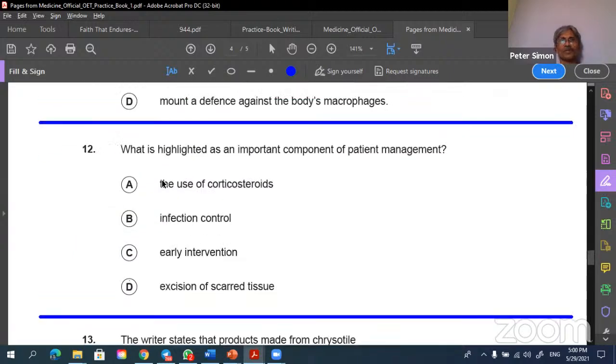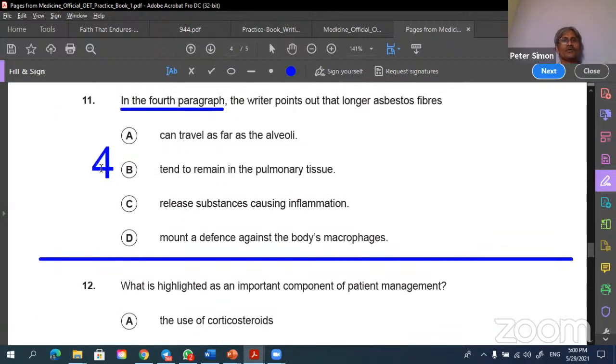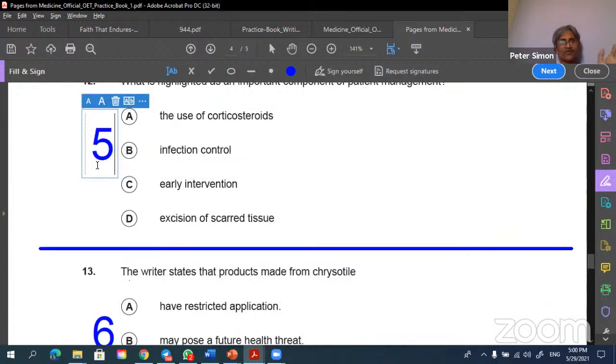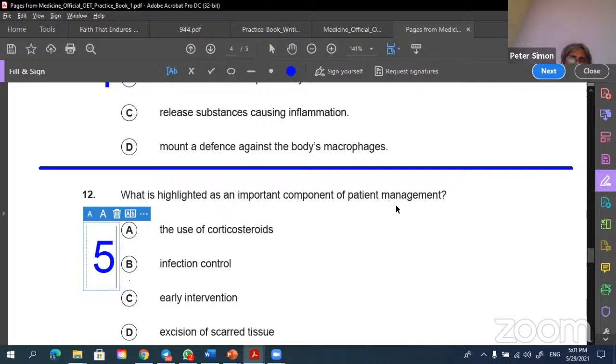Next one definitely 4 and 6. This can definitely be 5 now. Let us assume this one. If any changes are there afterwards, we can get back. No problem. So component of patient management we have seen in the 5th paragraph.